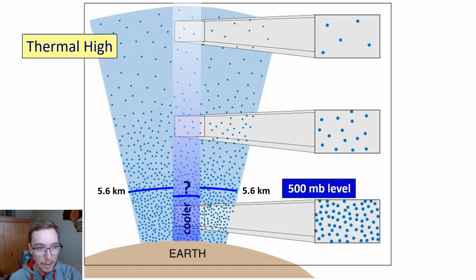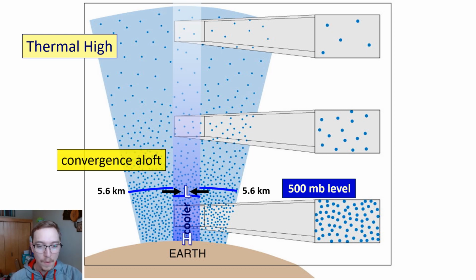So what do you think is going to happen here? Well, we're going to have a low pressure system aloft, so there would be converging air aloft and diverging air at the surface. So at altitude, a low pressure system; at the surface, a high pressure system.